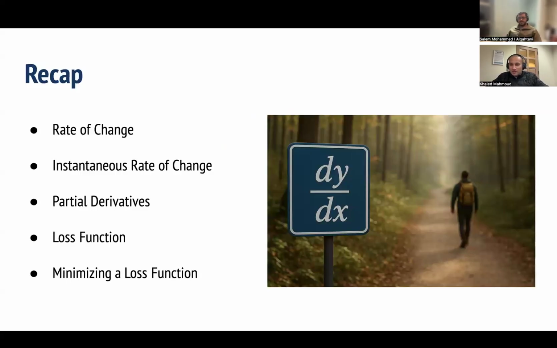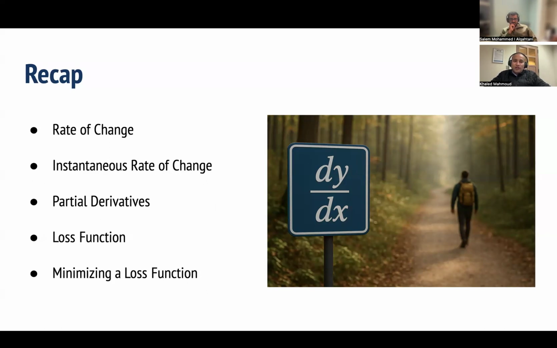And let's get started. We will do a recap of what we have covered in the previous two lectures. We've covered that the rate of change is one of the most important and critical concepts in machine learning. And we said that machine learning is the rate of change.